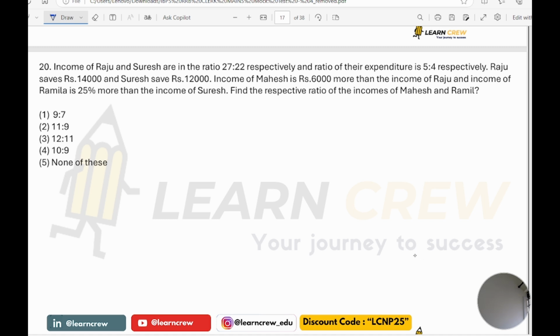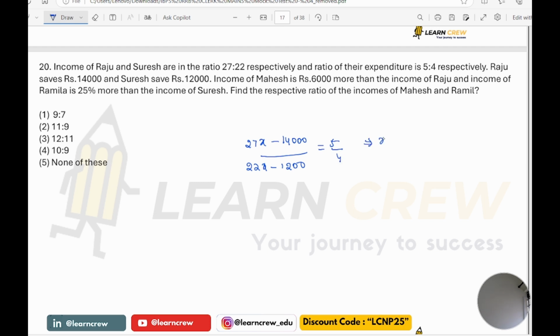So see here what is given. Raju and Suresh: 27 and 22, so I am taking 27x and 22x. Their savings I am subtracting, 14,000 and 12,000, and the expenditure ratio is given as 5:4.